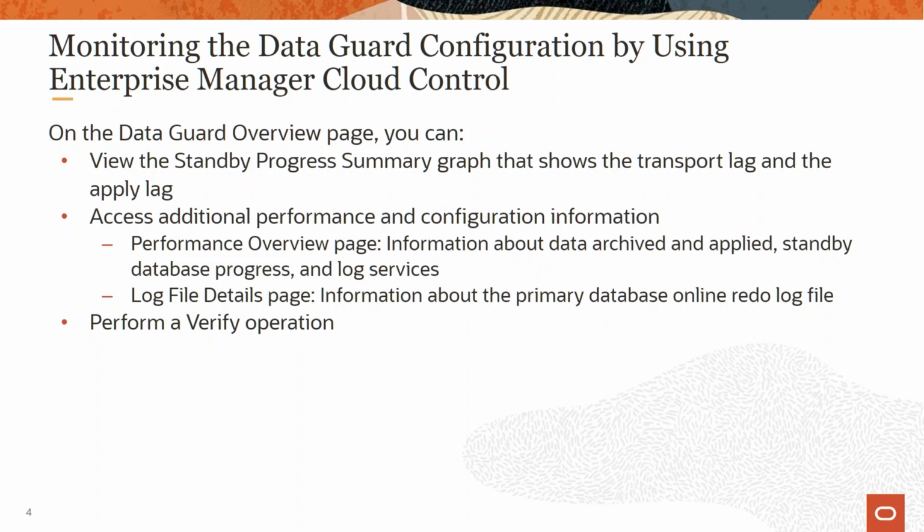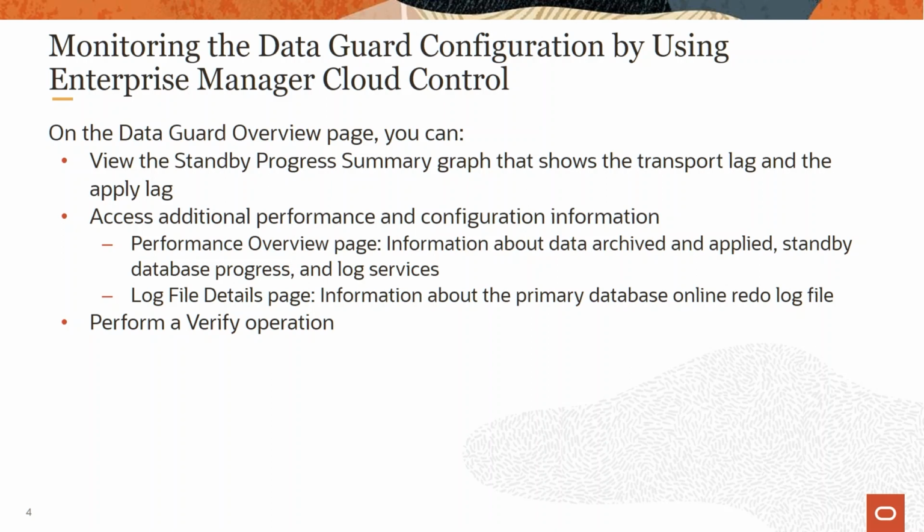So if you have access to Enterprise Manager, then you can view the Data Guard homepage to view standby progress summary graph information that shows transport lag and also apply lag. You can also access the performance page to perform testing and review the performance overview.